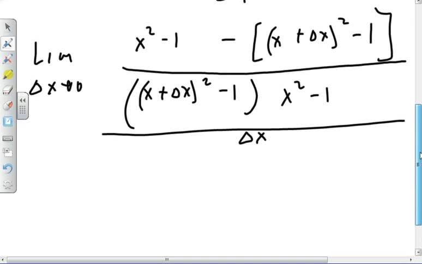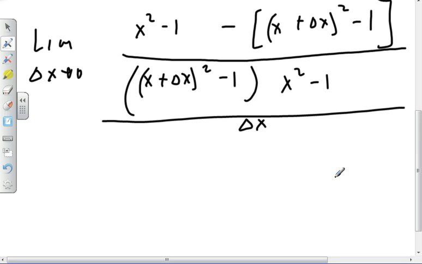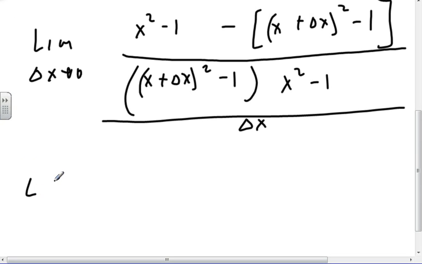Now, we messed up last time. Let's see if we can do the same thing this time. Okay, so limit as delta x goes to 0.